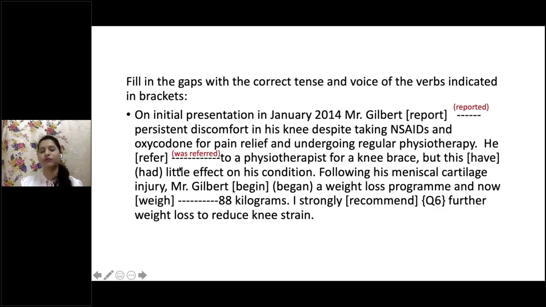He was referred to a physiotherapist for a knee brace, but this has already been answered. But this has had little effect on his condition following his meniscal cartilage injury. Mr. Gilbert began a weight loss program and now weighs 88 kilograms.